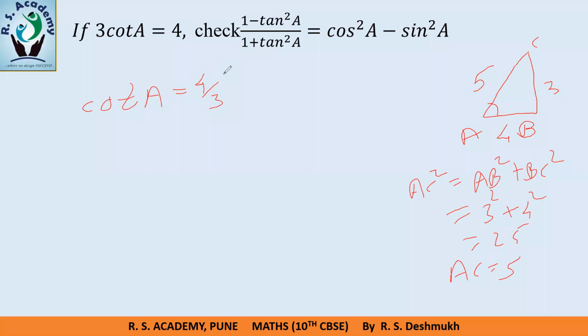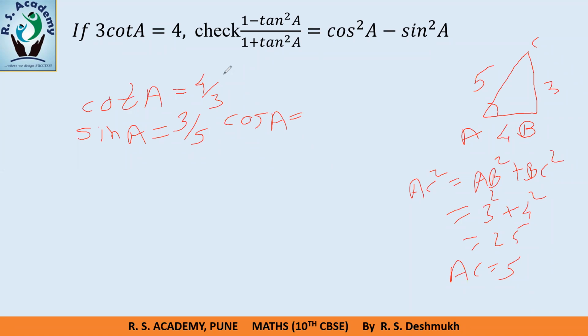I will mark this. After marking this, what is the next thing? I have to find out sin A, cos A and tan A, because that will be required for this question. Sine of A is opposite upon hypotenuse, that is nothing but 3 by 5.